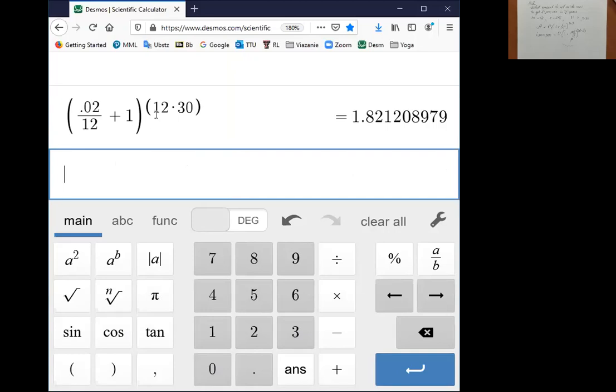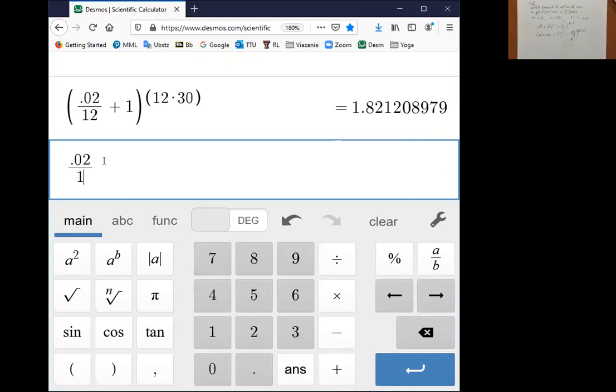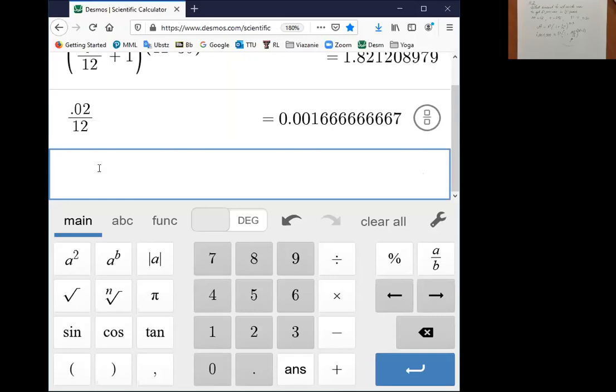So let's return. 0.02 divided by 12. And let us take not the whole number, but an approximation of this.